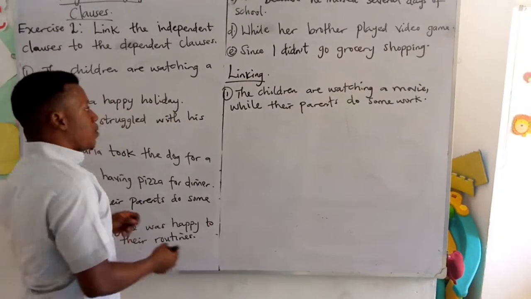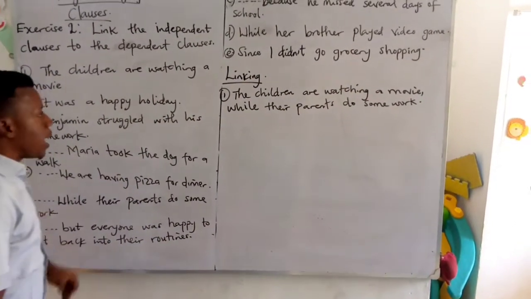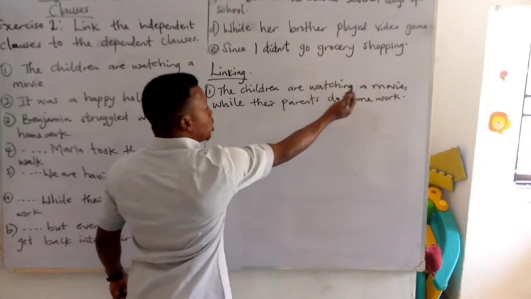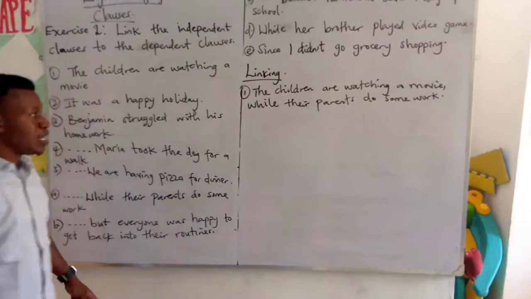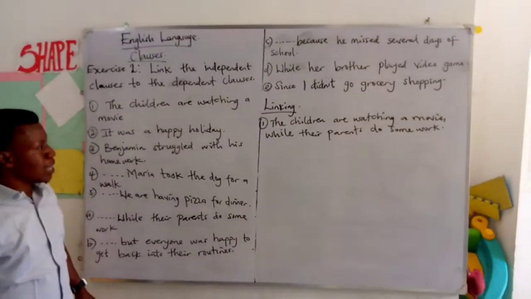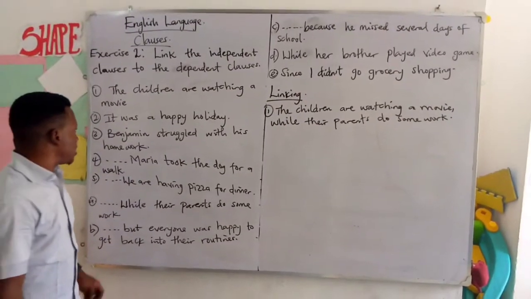We'll link it now. We'll link 1 to A. The children are watching a movie while their parents do some work. You can see how easy it is. So if you're asked to do something like this, you should be able to do it well.